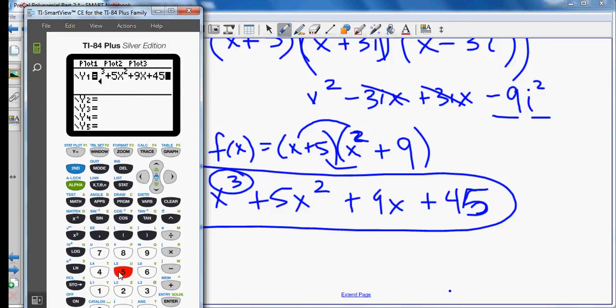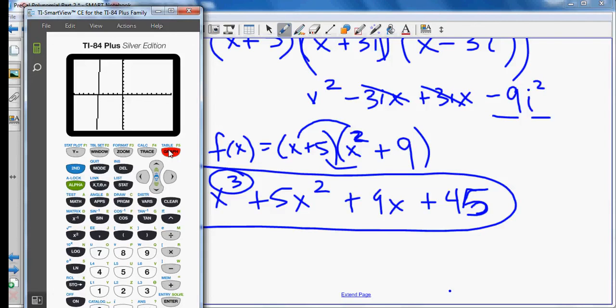And we go to the graph. We see it has exactly one x-intercept. And an x-intercept is the same thing as a root or a 0 of the function. So we see just one x-intercept.